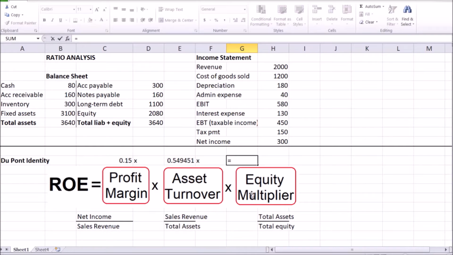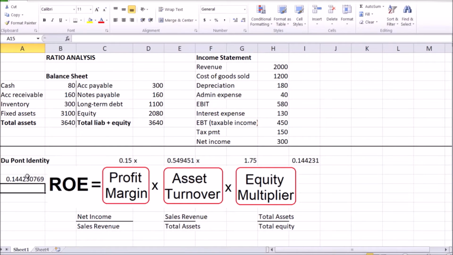And equity multiplier shows how much total assets are larger than the amount of equity on the balance sheet. And the product of these 3 numbers is going to give us return on equity, 14.4%, which is of course alternatively a ratio of net income from the income statement to total equity from the balance sheet, 14.4%.